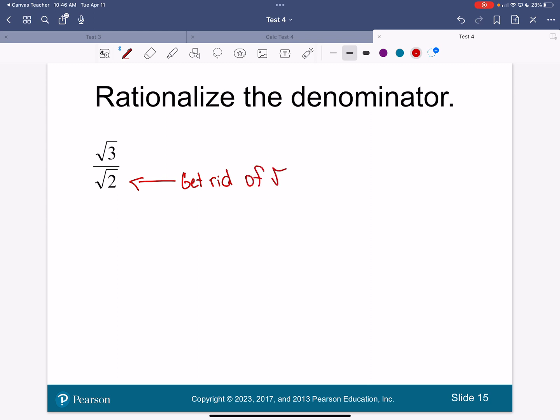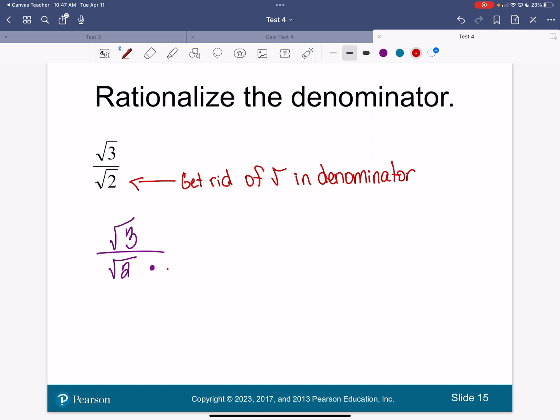That's how I rationalize a denominator. Now, what can I multiply the square root of 2 by to make it just 2?